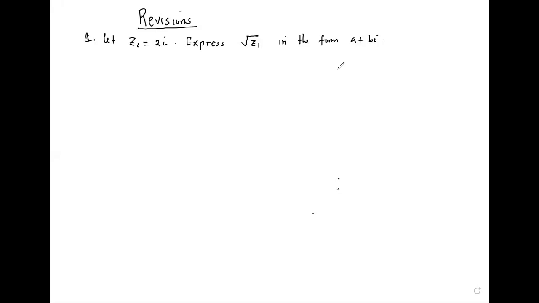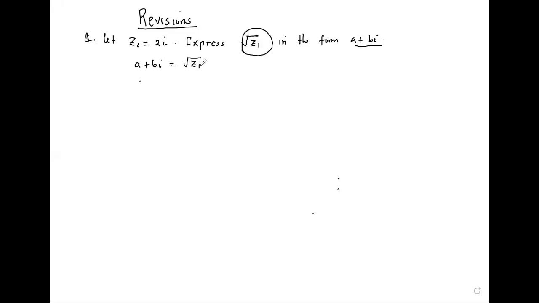So the best way is, since we want to express that complex number as a plus bi, we better say let a plus bi be equal to the root of Z1.